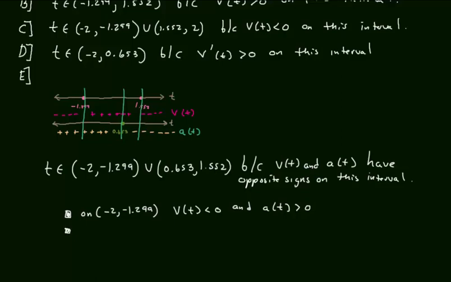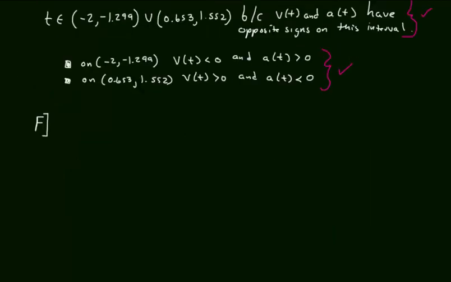Also, we're going to say on the interval 0.653 to 1.552, v of t this time is positive and a of t is negative. Make sure you say both of these. It's not okay to just say this. You want to make the connection, opposite signs for slowing down, or same signs for speeding up, and then you want to give the specifics. Both are required.